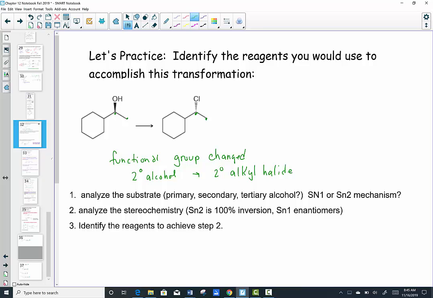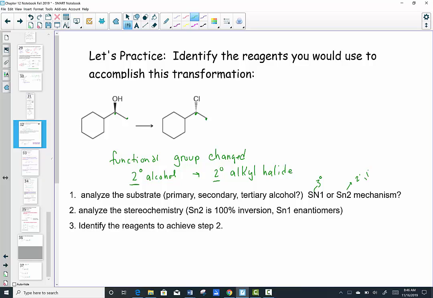So we've analyzed the substrate, primary, secondary, or tertiary. We located it and identified it as a secondary alkyl halide. Does that tell you SN1 or SN2? To be an SN1 mechanism, we needed it to be a tertiary alkyl halide. The carbocation is stabilized with an SN1 mechanism. SN2 would be the preferred choice because it is a secondary alkyl halide.